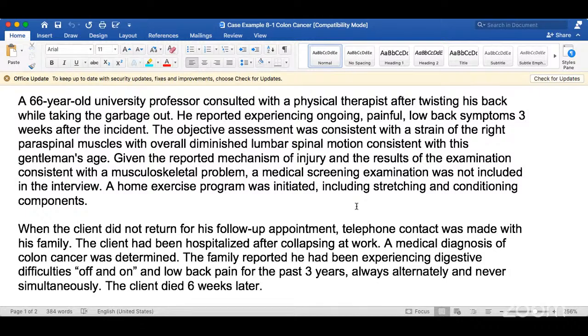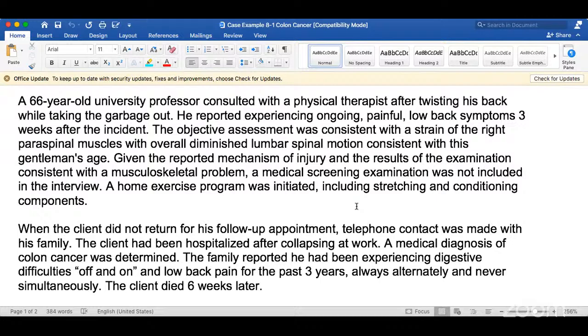So the mistake that the therapist made was not conducting further assessment aside from the usual physical examination that he did for that patient. Aside from that, at the time of assessment, there were no other red flags except for that ongoing painful low back that the patient complained of.